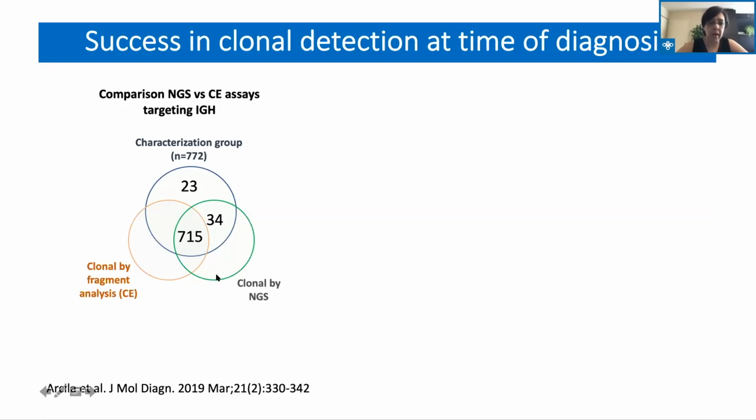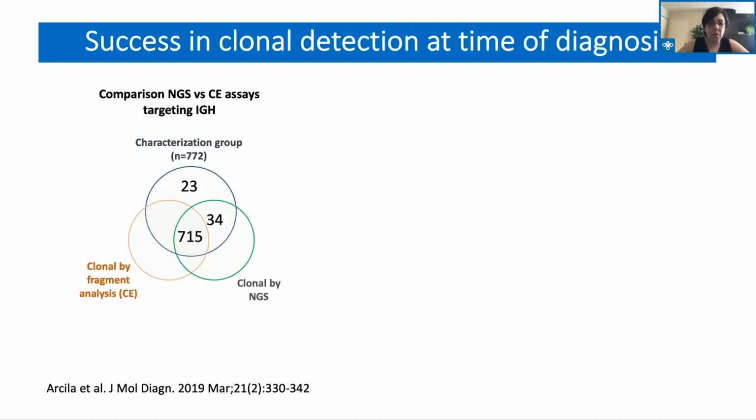However, clonality by NGS does detect more clones that are hidden in the polyclonal background, and this is particularly true for those cases where you have a prominent peak that you wouldn't be able to diagnose as a clone through a fragment analysis assay, but you can actually very easily see it with next generation sequencing.